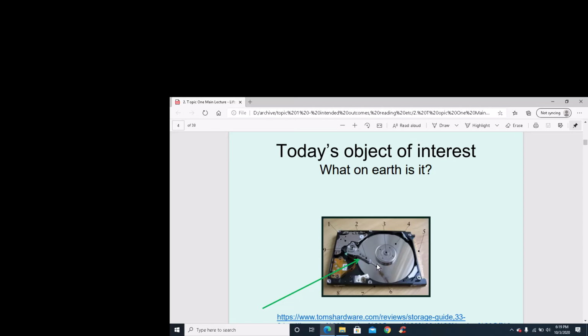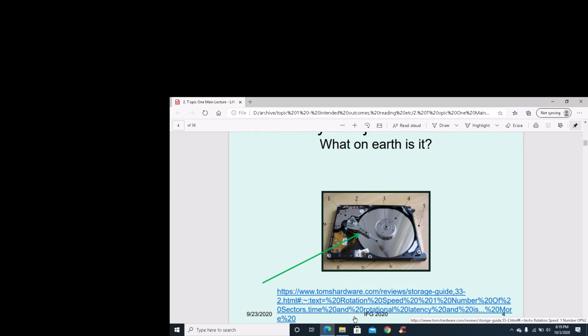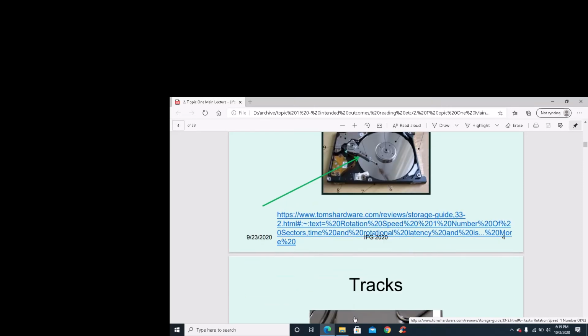Well, I'm going to make the question a bit more precise in a few minutes. Have a look at this reference. You get a bit more information, and I think it's quite a good online secondary reference for getting more information about hard disk drives. So have a look at that.